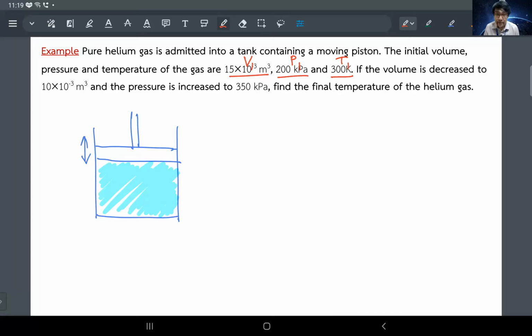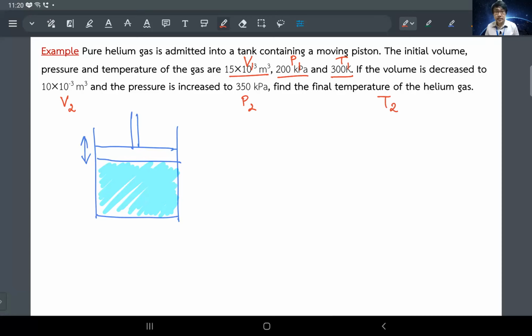After the change, you can call the new volume V sub 2 and the new pressure P sub 2, and then you want to figure out the new temperature. This is what it means to compare two states of the same amount of gas in the system.